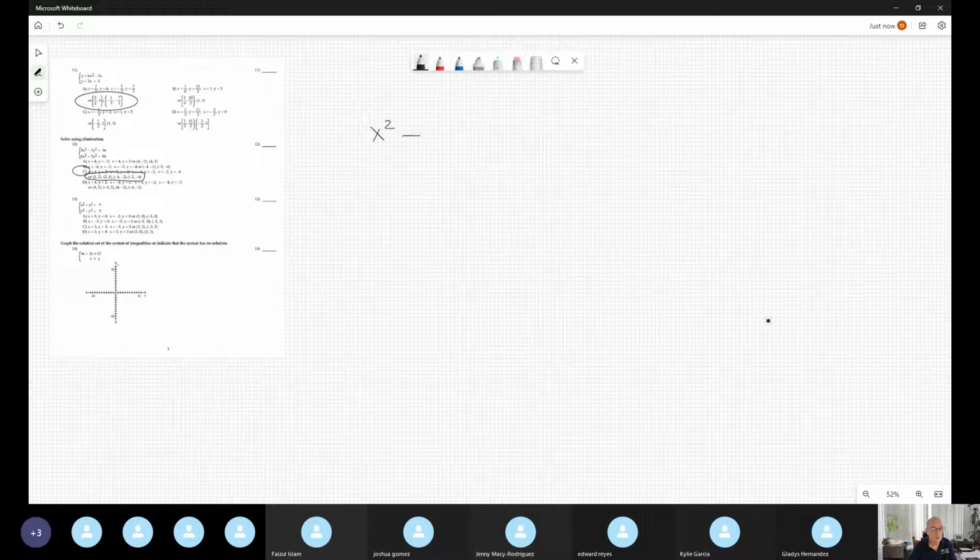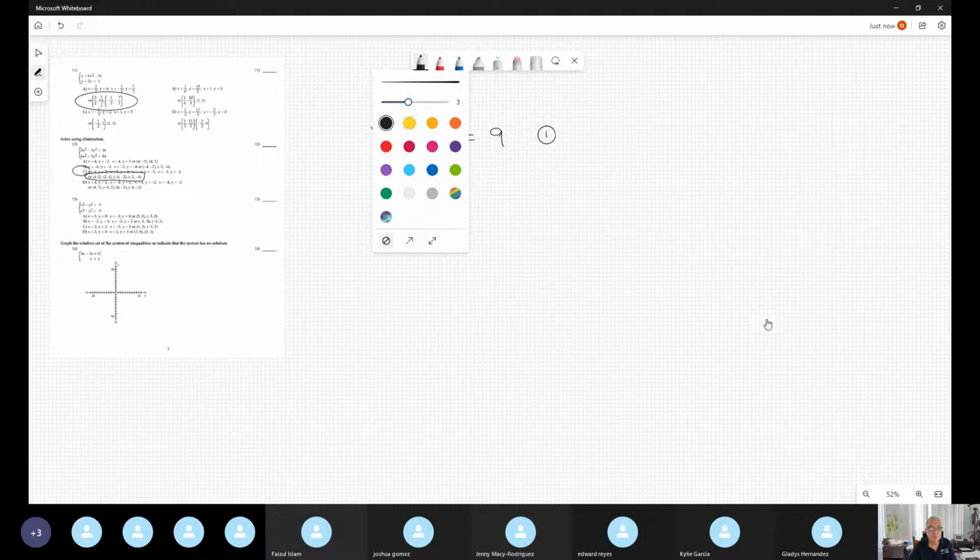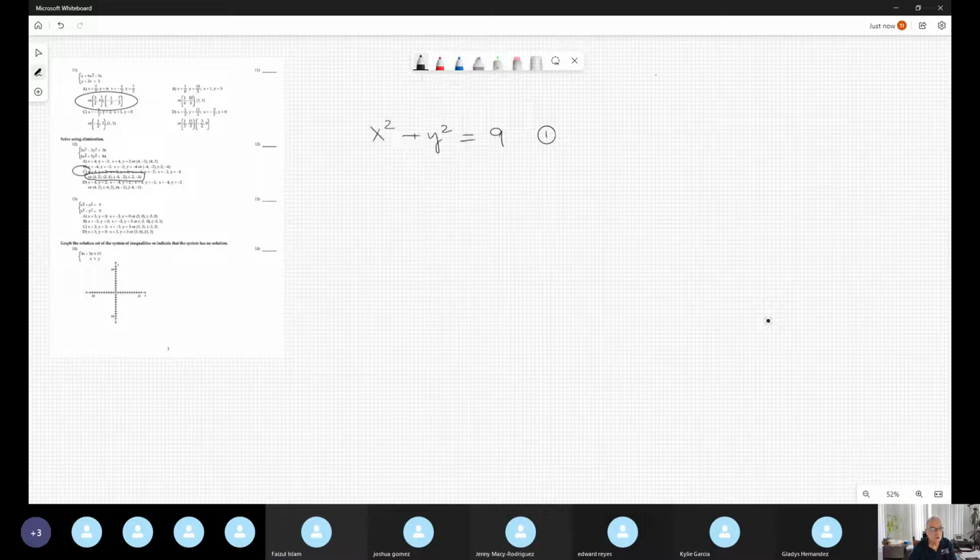x squared plus y squared equal 9, sorry, equation 1. And x squared minus y squared equal 9.